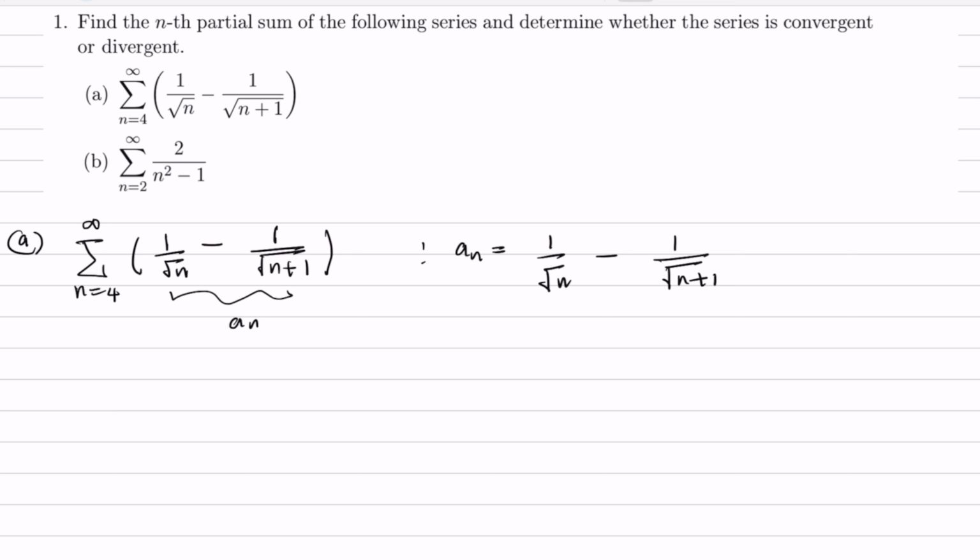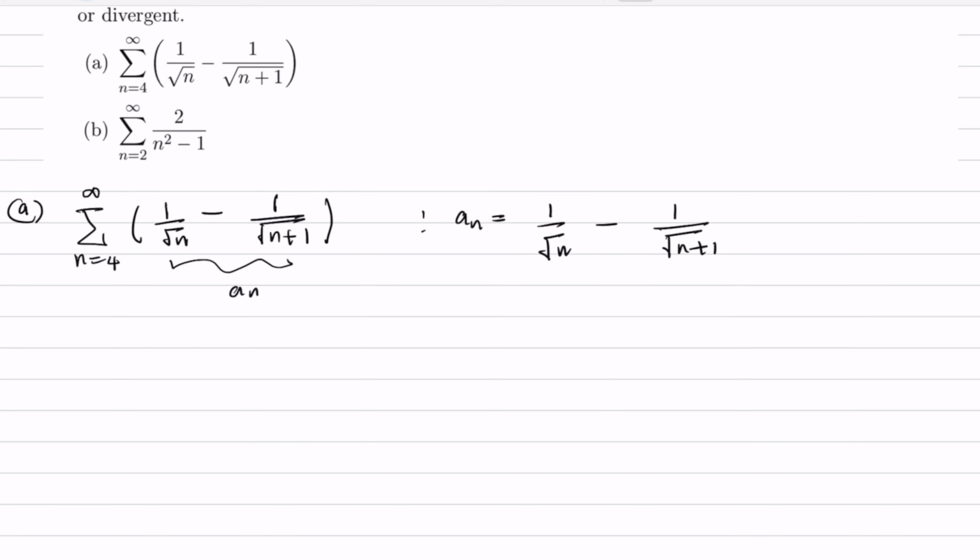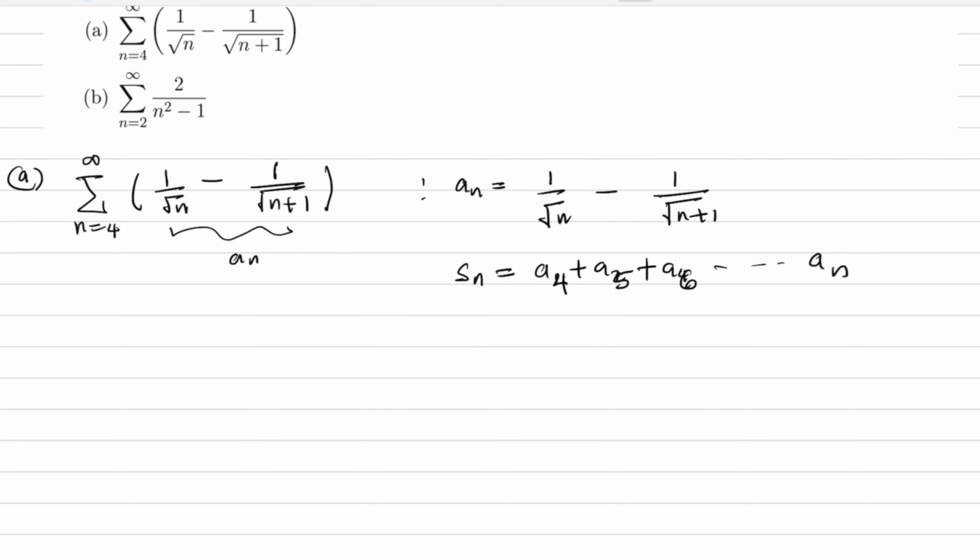How do I find it? First of all, because n is starting from 4, I try to find the value of A4. Don't forget that your partial sum Sn is just the summation of A1, A2, A3, A4 up to An. But because this is starting from 4, this is going to be A4, A5, A6 up to An.